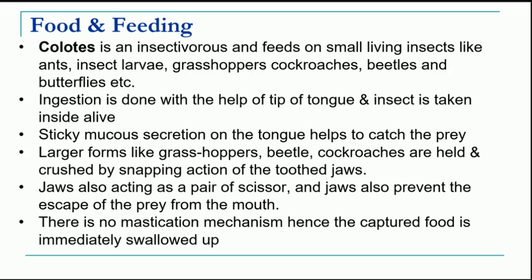Now there is a sticky mucus secretion present on the tongue. So we have seen there are labial glands which secrete mucus, and this mucus secretion helps to catch the prey. If the prey is larger, for example grasshopper, beetle or cockroaches, then they are held in the mouth cavity and crushed by the snapping action of the tooth jaws. So we have seen there are pointed teeth present in the buccal cavity, which help in the breaking of the large food.